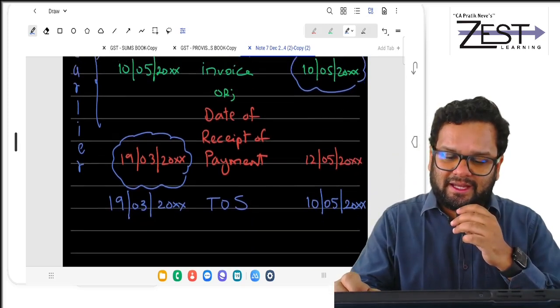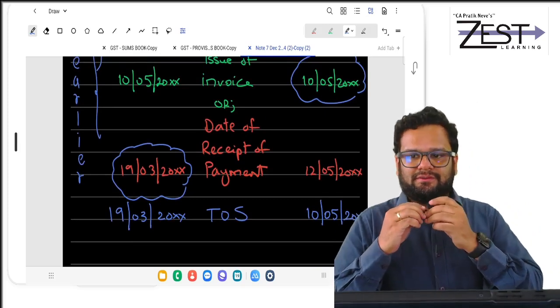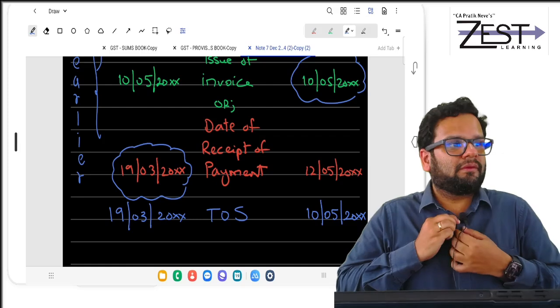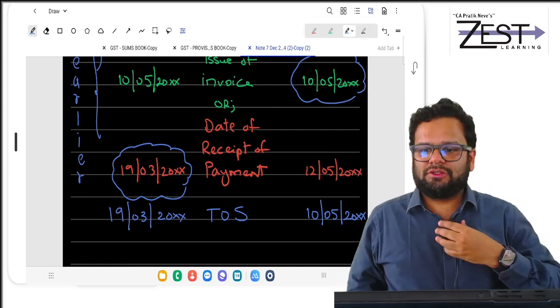Go ahead and write the time of supply and end this solution.